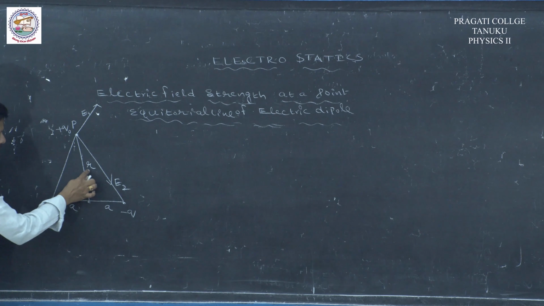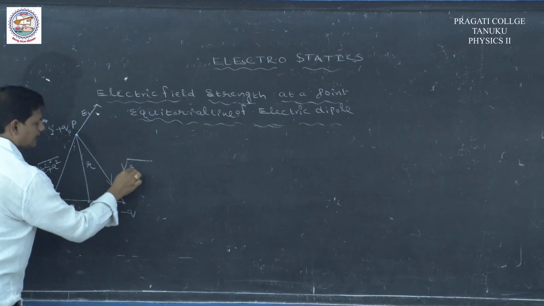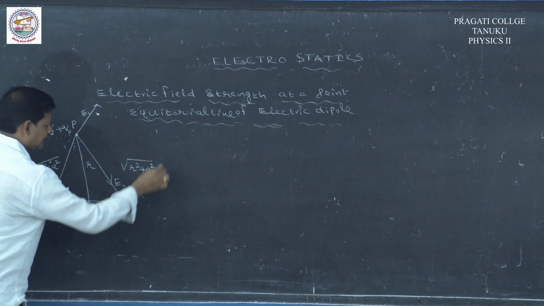So, the distance between q and q naught is root over r square plus a square.